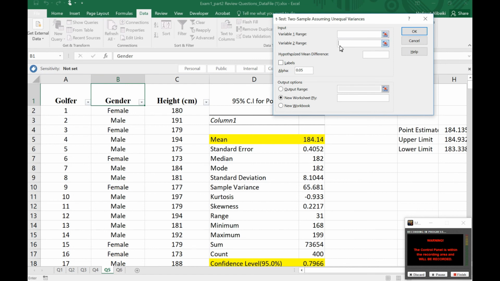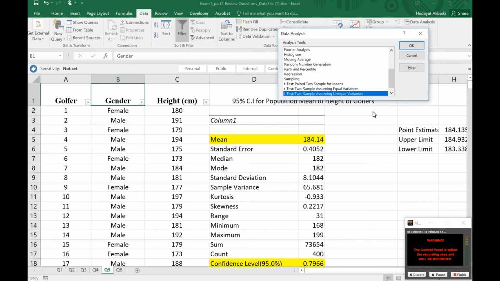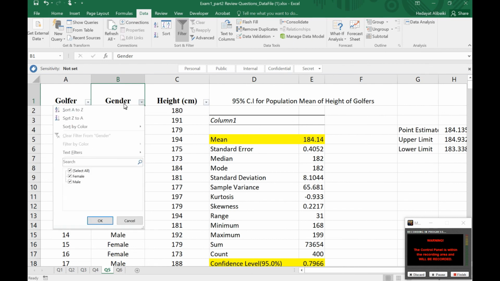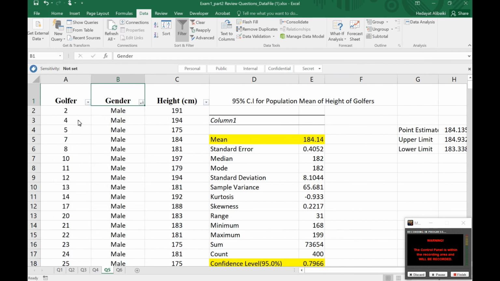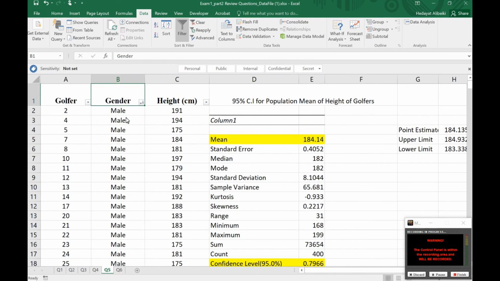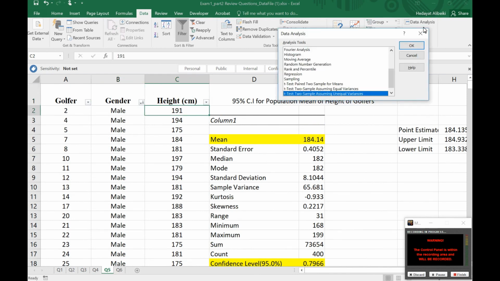But it's not organized in this sheet, so I have to organize it. One way is to just sort this Z to A. Now I have my males on top and females at the end of my table. So now I can use the data analysis toolpak, t-test two sample assuming unequal variances.